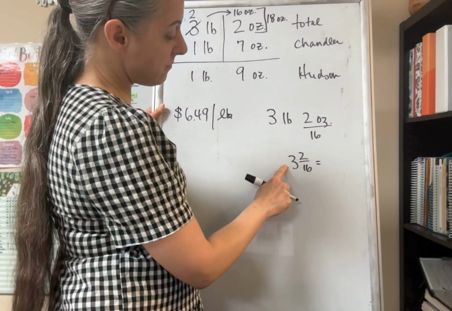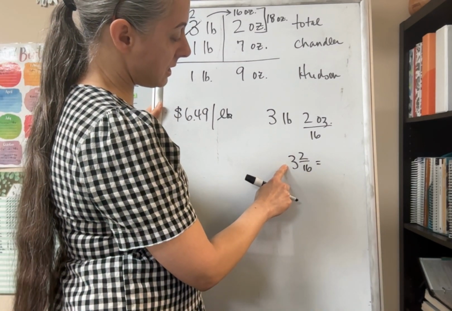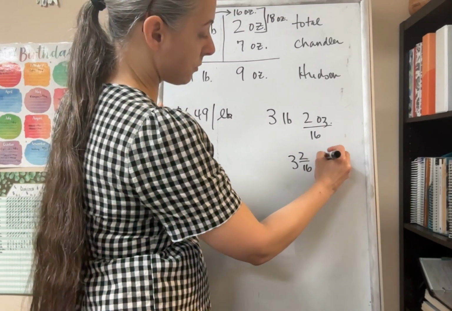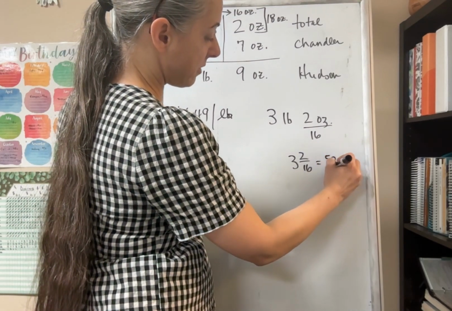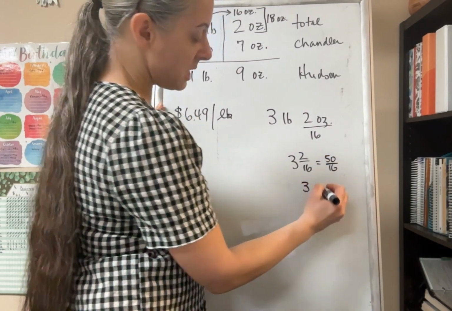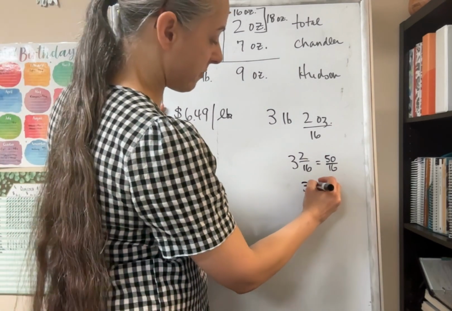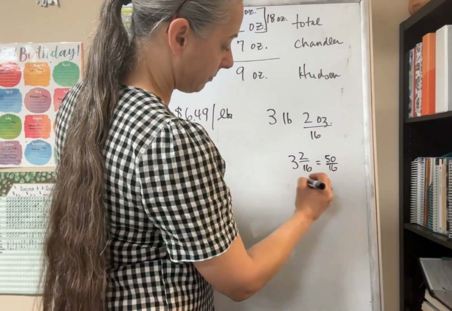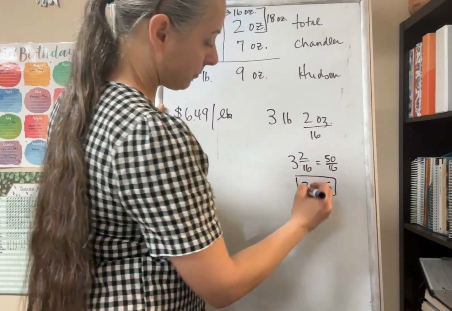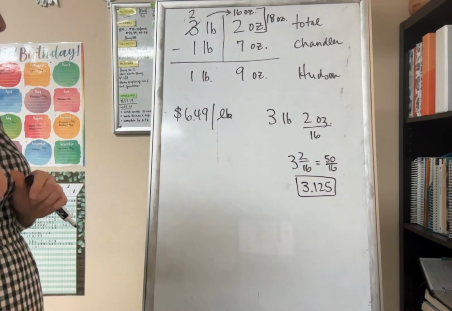And I know how to change that to an improper fraction and then to a decimal. 16 times 3, 48, 50 over 16, and then divide. I get 3.125.